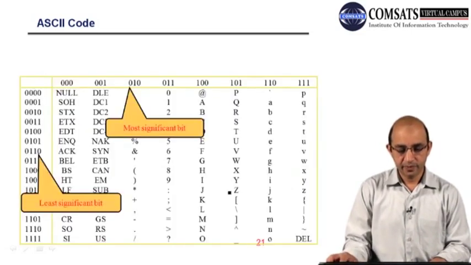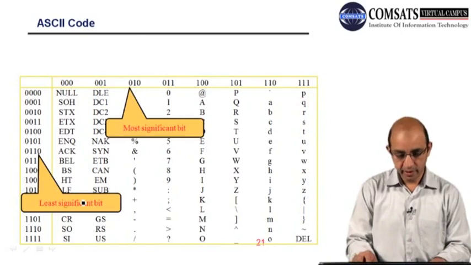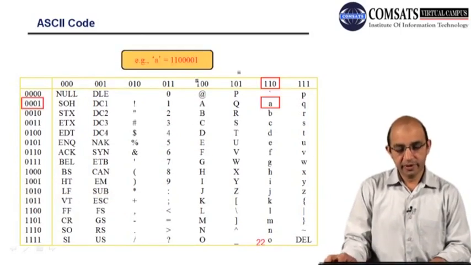So these are the codes, right? So this is the most significant bit and this is the least significant bit, right? For example, if you have to represent A, how will you represent this?